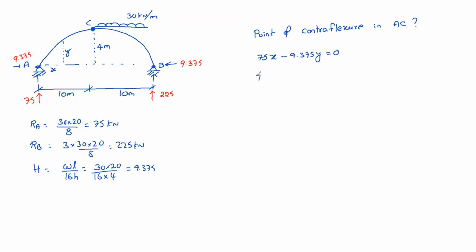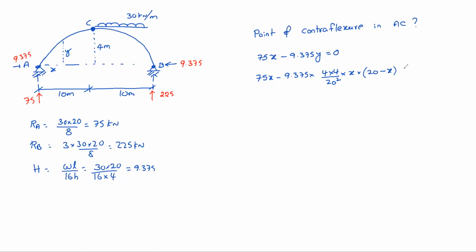So that is 75x minus 9.375 y, where y means 4h by L square into x into L minus x, with L is 20.